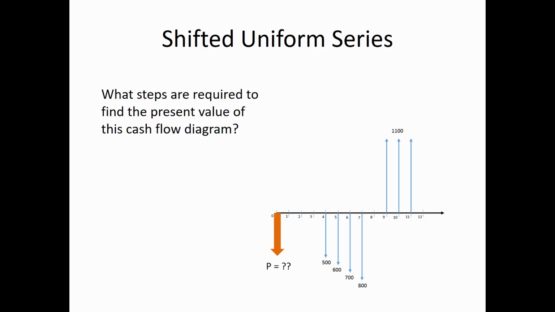So here for the 1100, where is year 0 relative to that annual series? 8, right. So if we take it to a single present value, if we do find P given A on this 1100, we're going to be taking the amounts to a single amount in year 8.